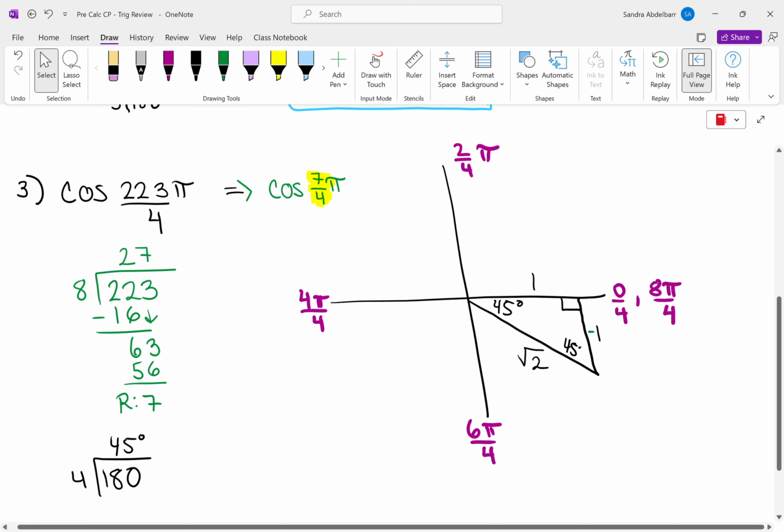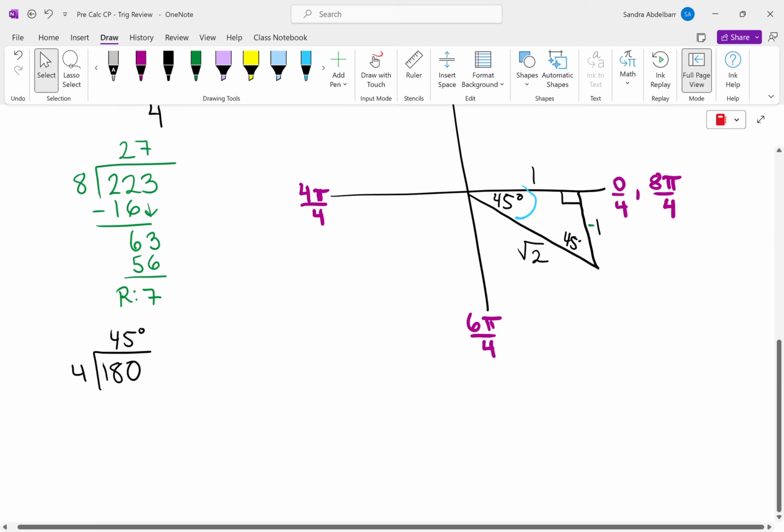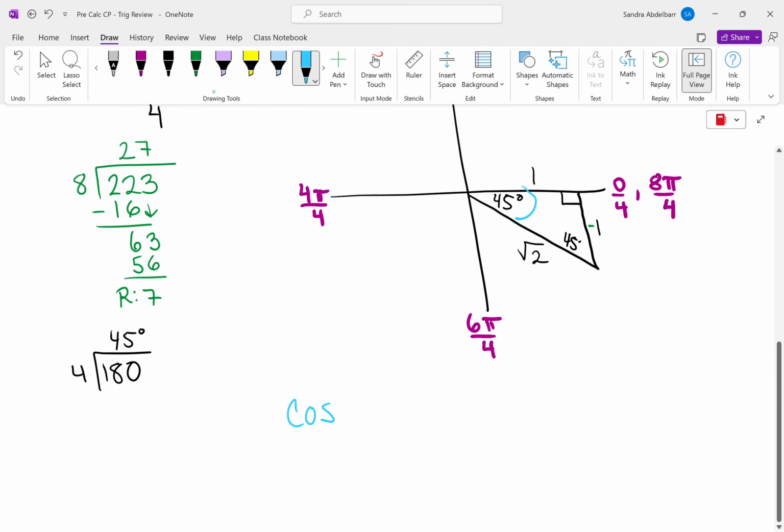So now, this was cosine, so we're back to SOHCAHTOA. I want adjacent and the hypotenuse, everything in reference to this angle. So adjacent to 45, we're doing the cosine of our original problem, which was 223 over 4 pi.